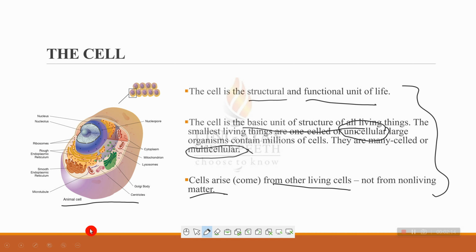Moving on. Now talking about the classification of cell, that is, what are the different types of cell. Cells may be classified in different ways. For example, based on the presence of a well-defined nucleus, it may be prokaryote or eukaryote.